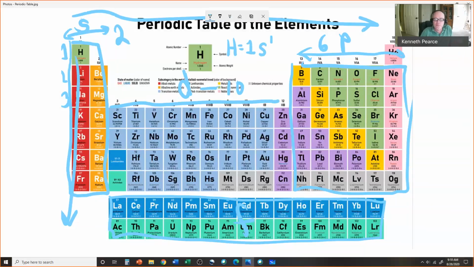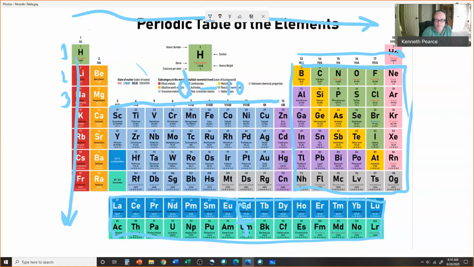Now for helium, we jump across. For purposes of doing this, helium is going to be an S element. Go ahead and erase some of this. Okay, for purposes of helium, we're actually going to put helium right here as an S element. We're not going to have it over here.